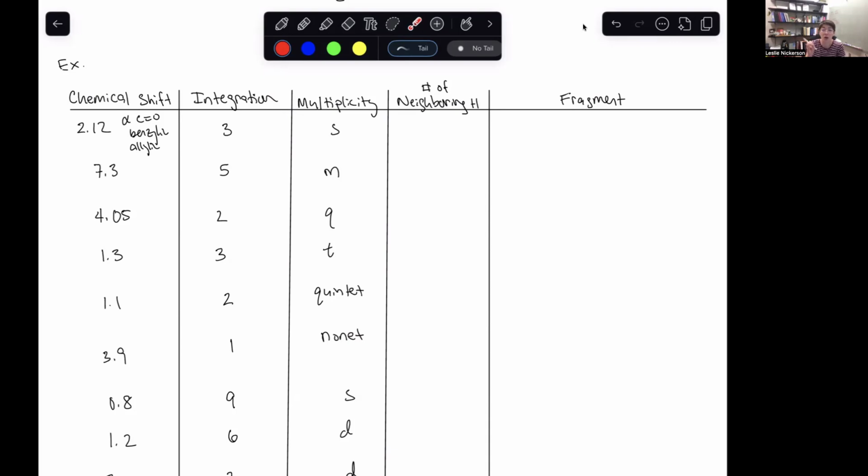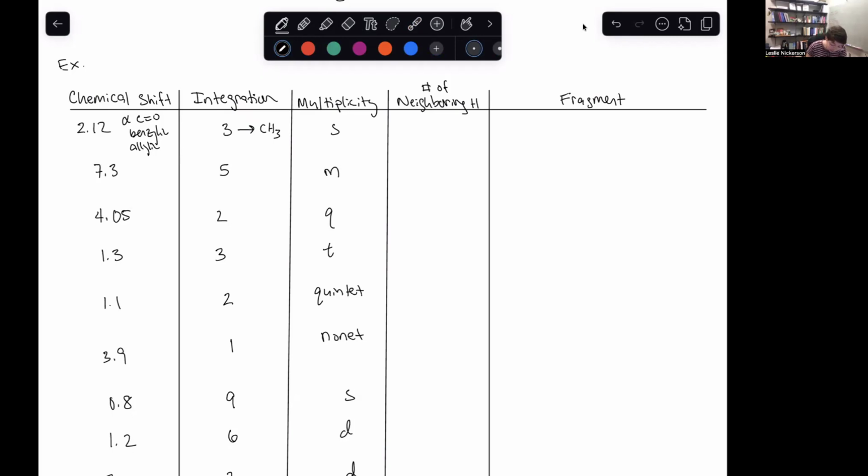You want to look for the horses first, and if you're running into roadblocks, that's when you need to turn around and start looking for zebras. But most of the time, an integration of 3, I would immediately think of as probably a CH3. Okay, it's probably a methyl group.